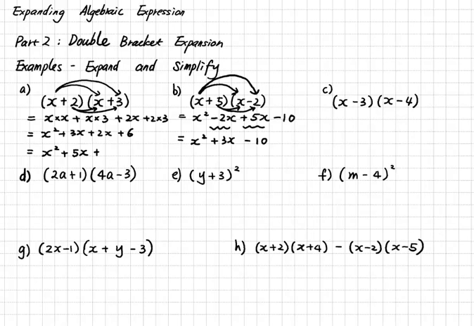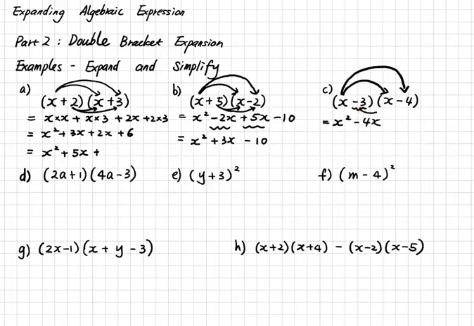Question C. You have x, start from the first term in the first bracket, times by x, x squared, plus x times by negative 4, which will give us negative 4x. And the next one, we're going to look at the second term, which is negative 3. Please make sure that you attach that minus sign, treat it as negative this time, so you put it in front of 3.